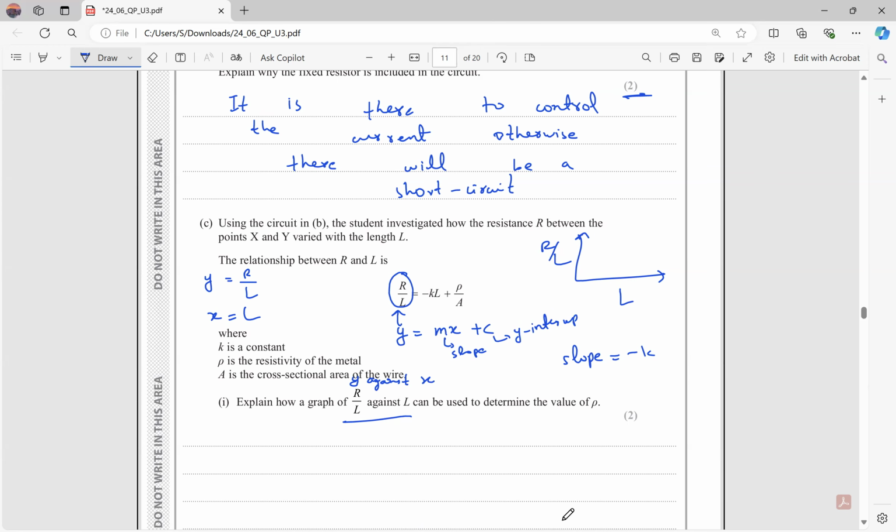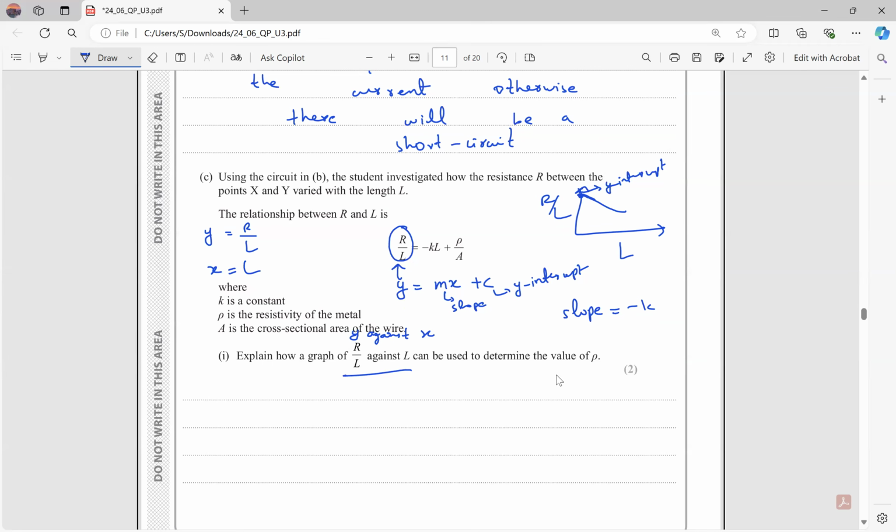What is the y-intercept? It is the point on the y-axis where the graph touches it. So, let's say the graph looked like this. This point over here would be the y-intercept, the point where the graph touches the axis. So y-intercept is equal to what? It is equal to resistivity over area. So this thing, you will mention it over here.